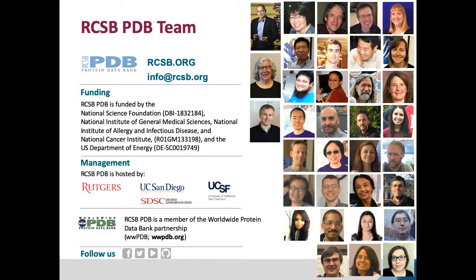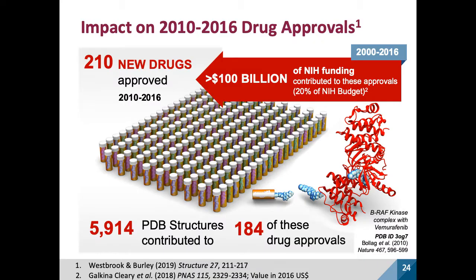I say that this is important for drug discovery because of work that we were able to publish a little bit earlier this year. This is principally the work of John Westbrook, the senior most programmer and architect of the PDB, working here at Rutgers. So we looked at the 210 new drugs that were approved by US FDA 2010 through 2016.